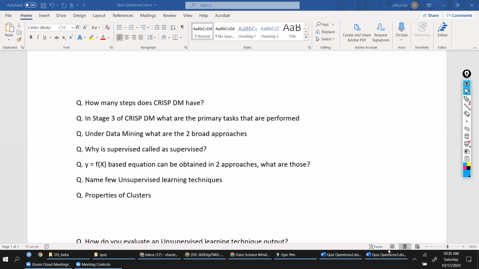Distance metrics, similar properties. Okay.